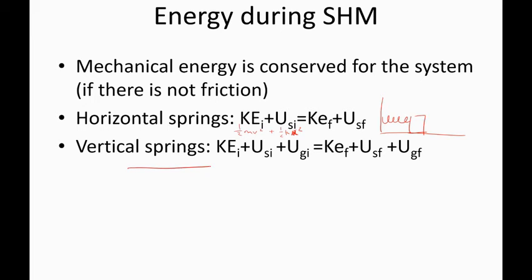When I have a vertical spring, I take into consideration gravity. So remember, gravity is mgh. But this is how you break down your mechanical energy of a spring system.